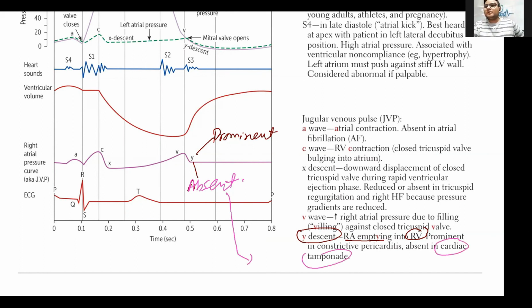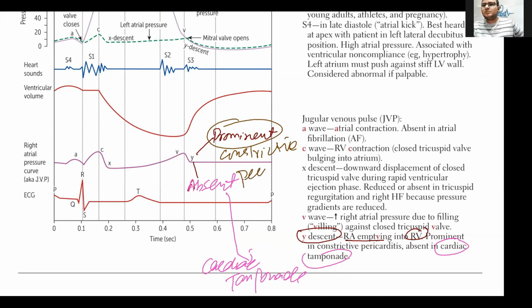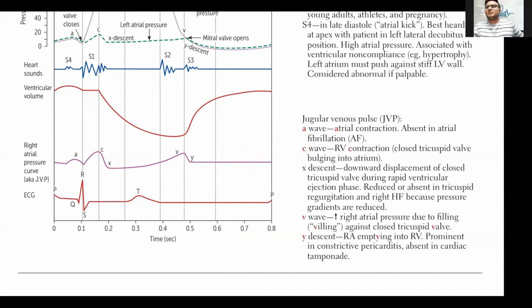Cardiac tamponade. And prominent in which disease? It is prominent in constrictive pericarditis. Okay, this is a very important MCQ. Remember this.